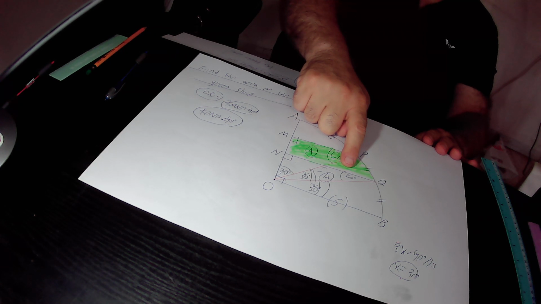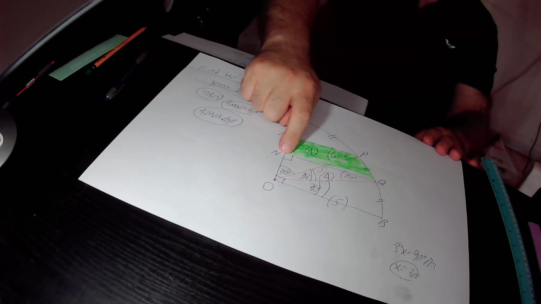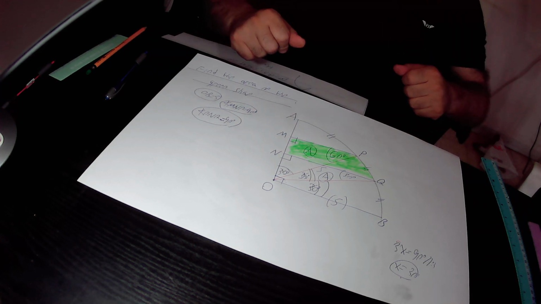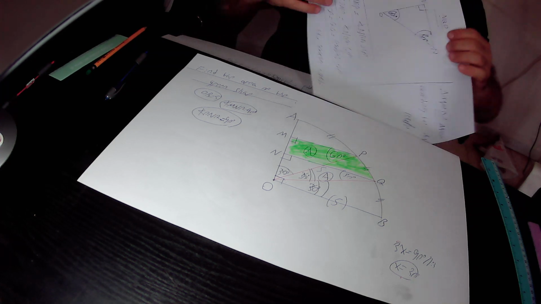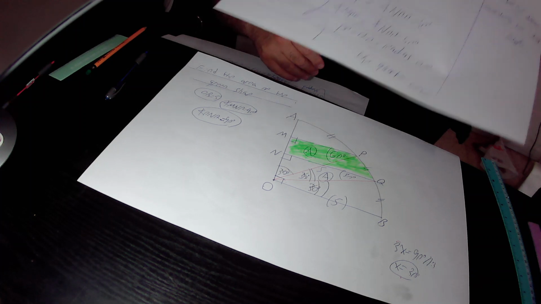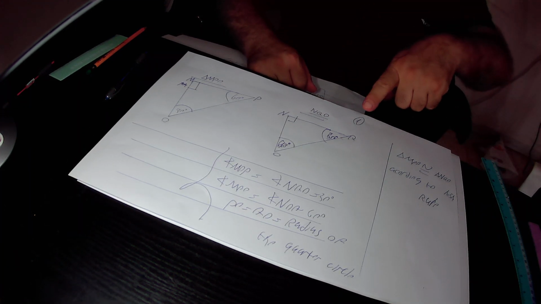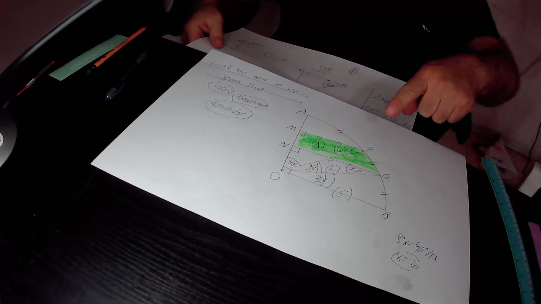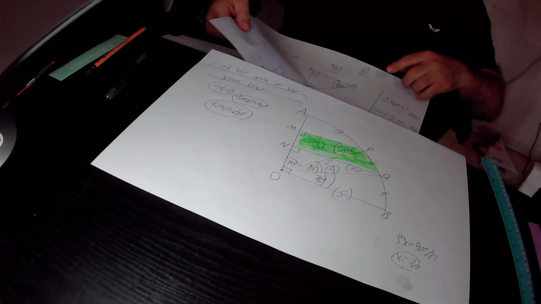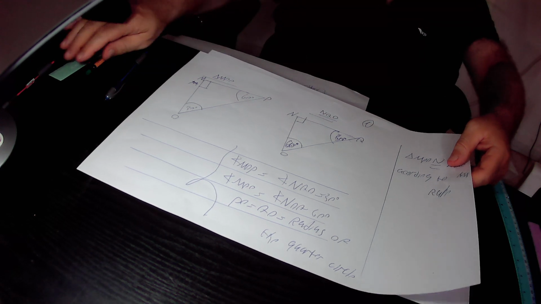Because 30 degrees plus 60 degrees is 90 degrees, and 90 degrees plus 90 degrees is equal to 180 degrees. That is the sum of the angles in any triangle. So in the right triangle NQO, we have this angle equals 60 degrees, this angle equals 60 degrees, and this angle equals 30 degrees.